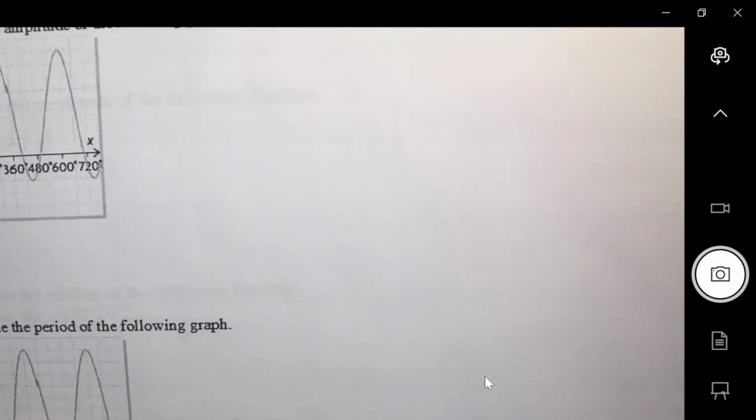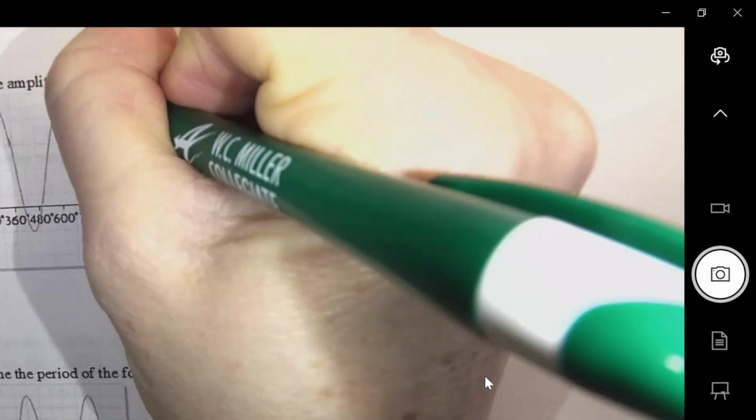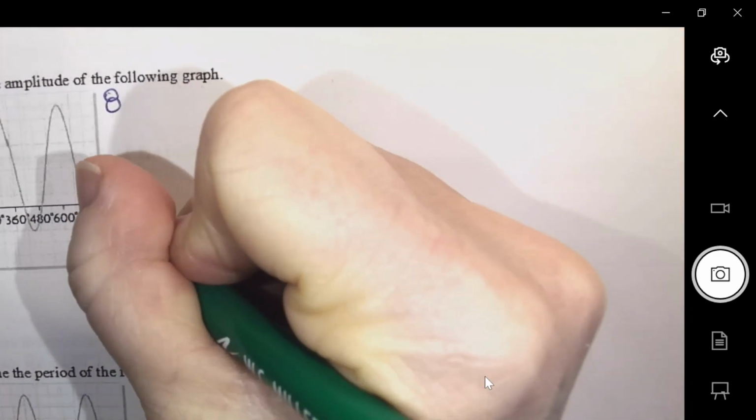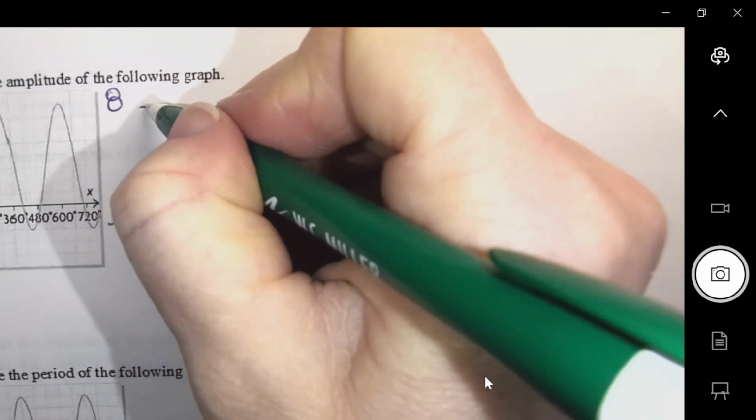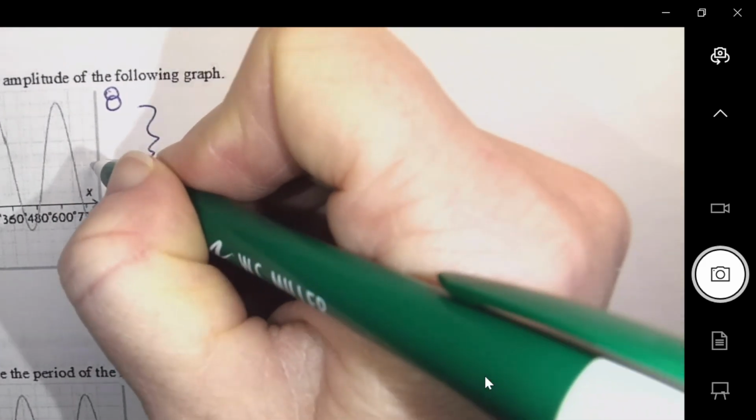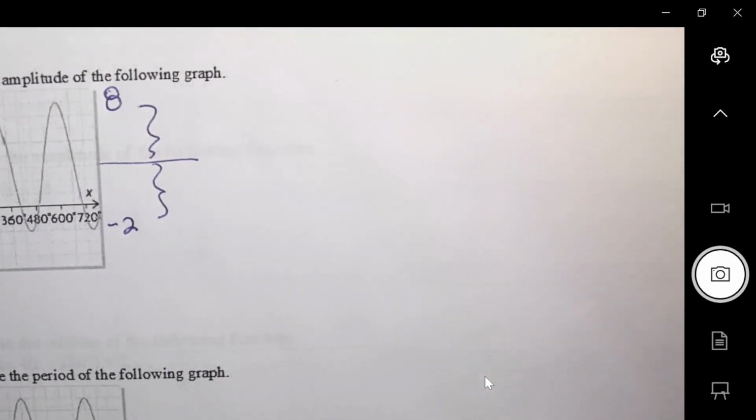Okay, determine the amplitude. So again, I'm just quickly going to write, hey, I can see the top is 8 and the bottom is -2. So the amplitude would be what? Do you want to say how much space is there between -2 and 8? How much space is in that zone? On a thermometer, how many degrees would you go up in temperature? 10?